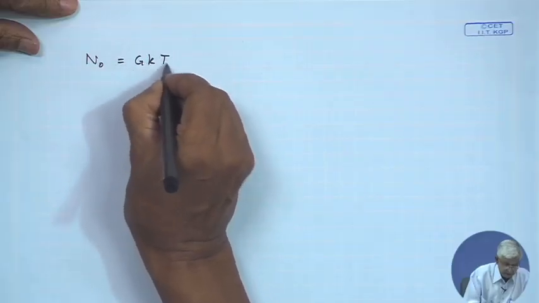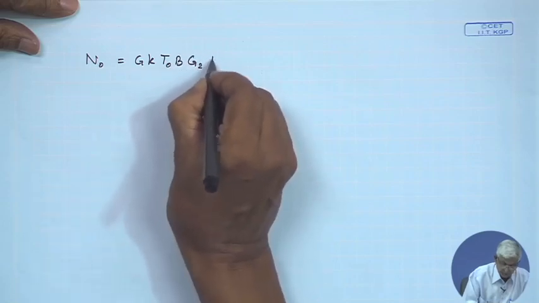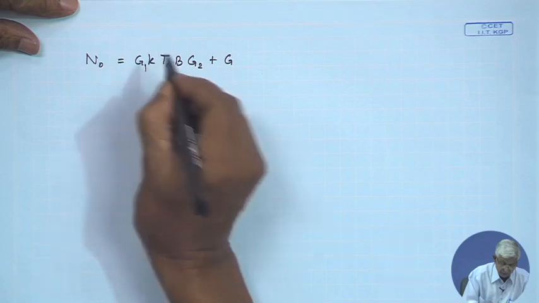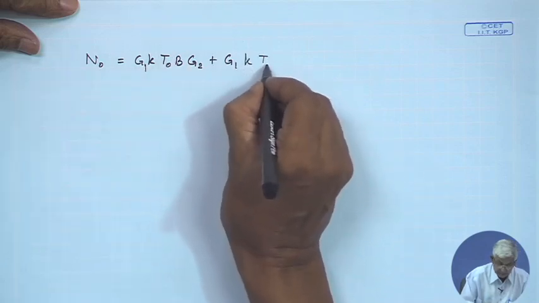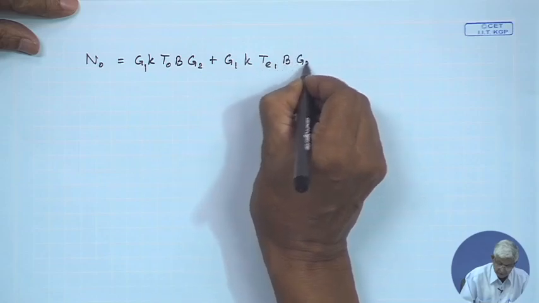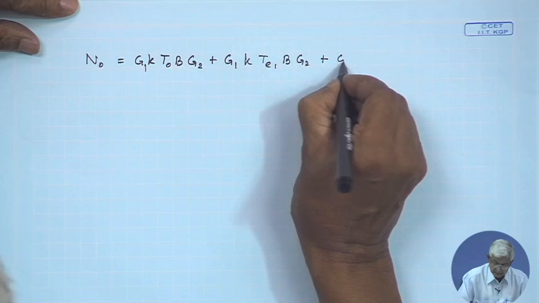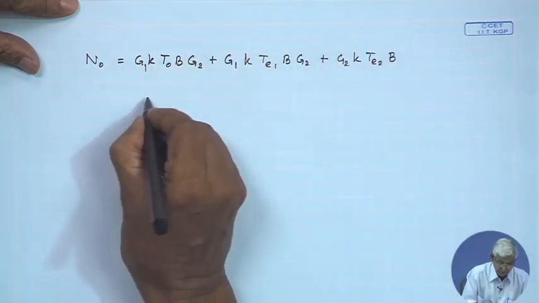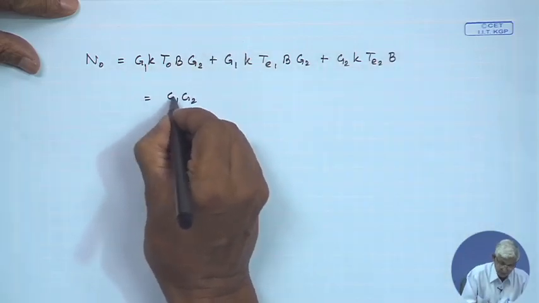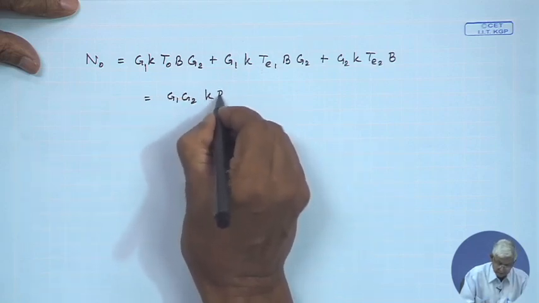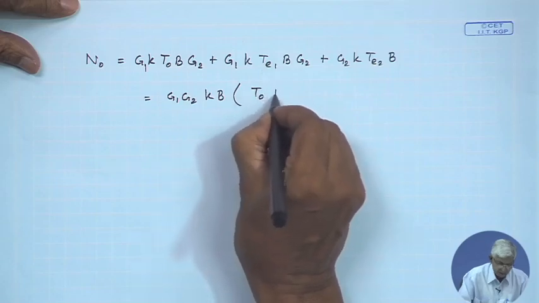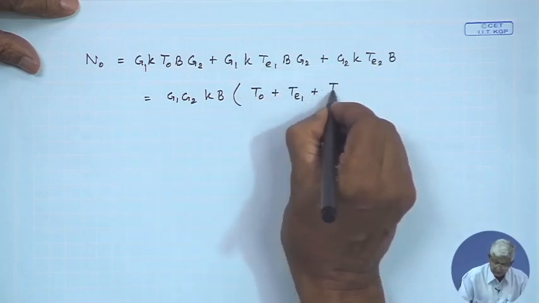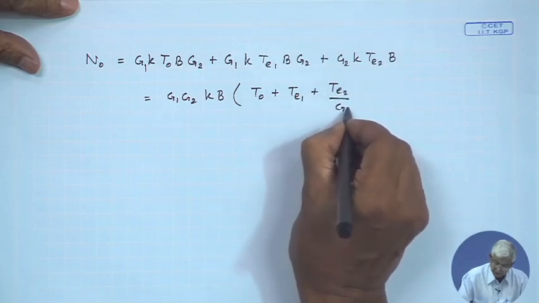Now, if we expand these two, N0 is G1 K T0 B G2 plus G1 into K TE1 B into G2, that is from the first stage, and then G2 K TE2 into B. If we take G1 and G2 as common, and of course K and B are there, only in temperature it will be T0 plus TE1 plus TE2, here G1 is not there, so divided by G1.